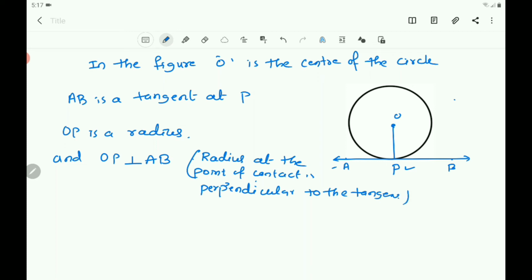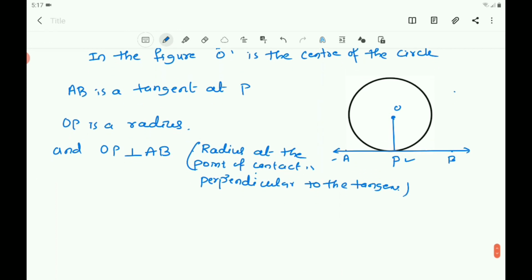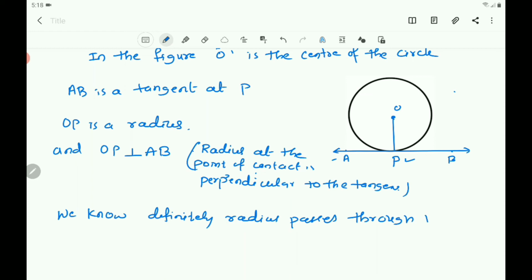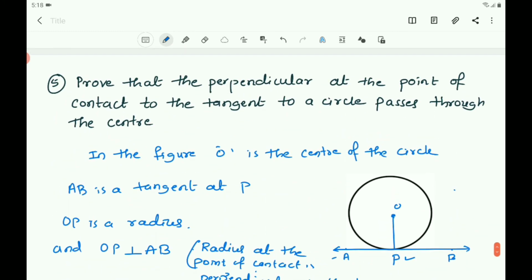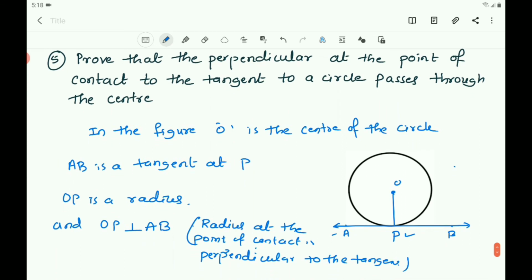Now OP is a radius, and OP is perpendicular to AB, which means definitely you can say that the radius passes through the center. We know that the radius passes through the center of the circle. And the radius is perpendicular, which means the perpendicular at the point of contact to the tangent to a circle passes through the center.